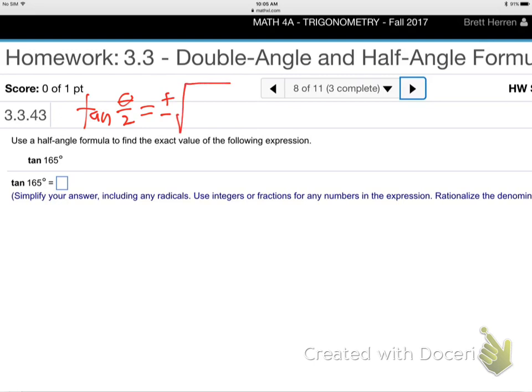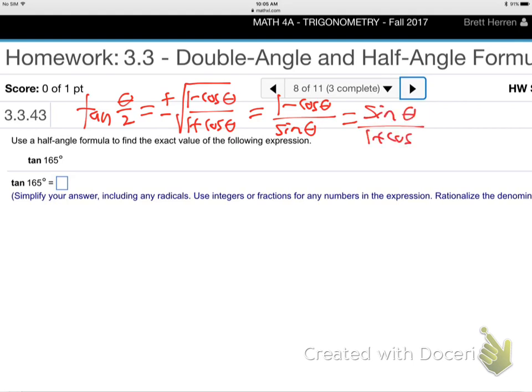Tangent of theta over 2 is plus or minus the square root of 1 minus cos theta over 1 plus cos theta, which equals 1 minus cos theta over sine theta, which also equals sine theta over 1 plus cos theta. So you can use any of the three. Is that making sense? You can use this one, or this one, or that one. They're all right. They're all good.